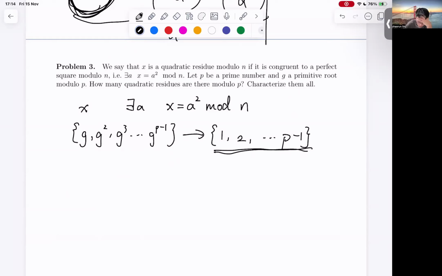And if we square all of these elements, it becomes like this.